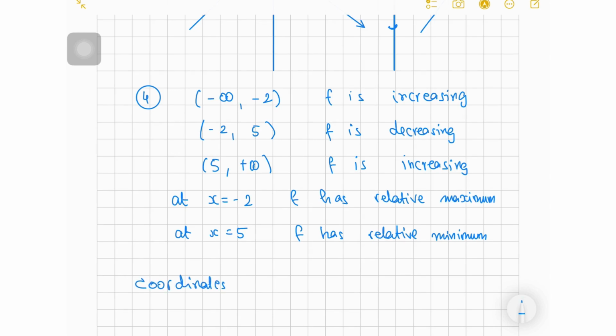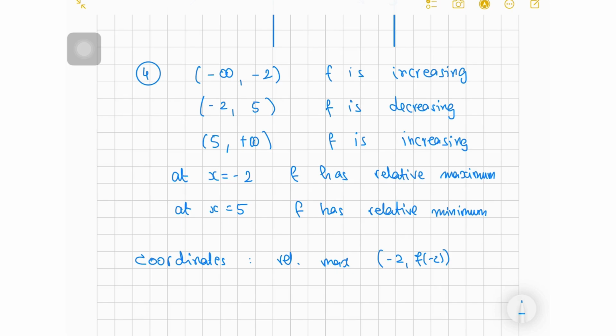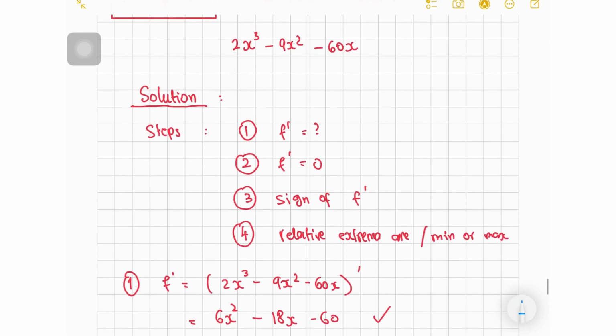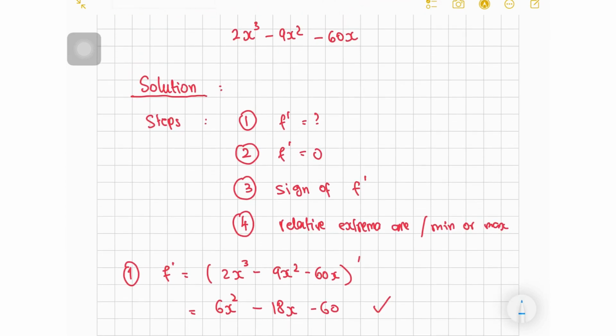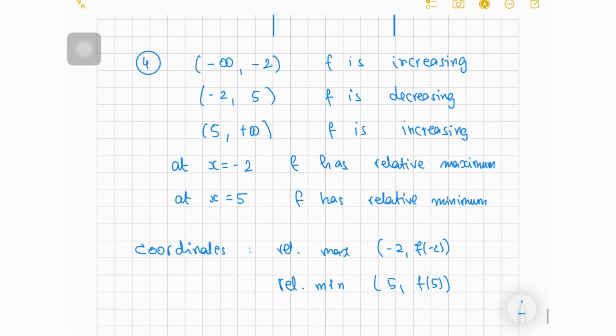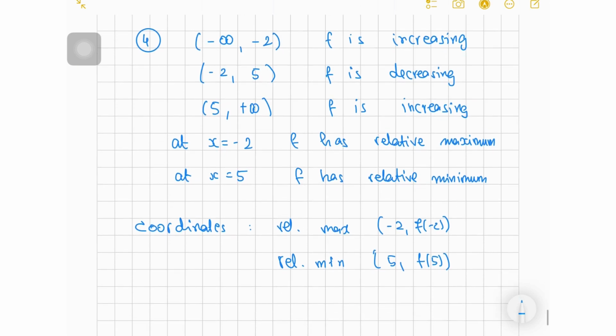How do we find coordinates? The relative maximum will be the point minus 2, f of minus 2. f of minus 2, not f prime. And the relative minimum will be 5, f of 5. So what is our f? It is 2x cubed minus 9x squared minus 60x. As a task for you, you can find these points and also check with any graphing software that they are correct.